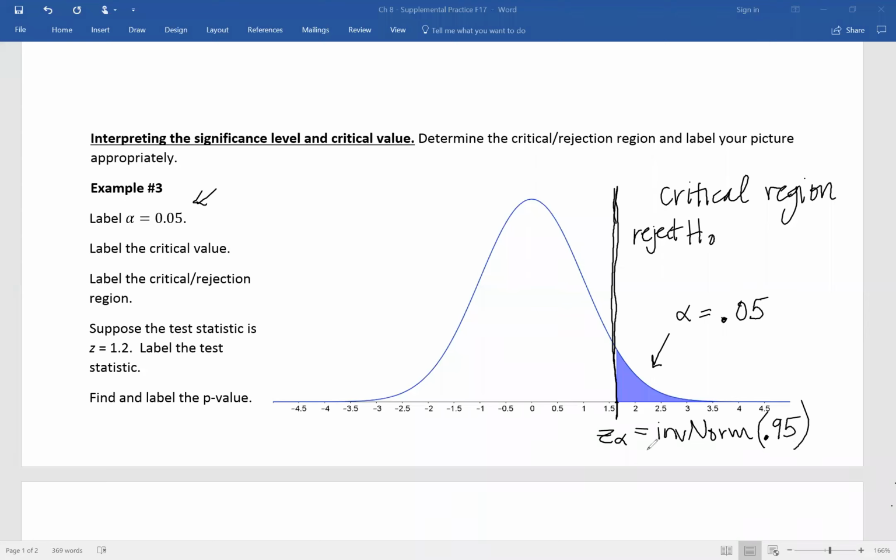If we put that in our calculator, we're going to get 1.645. So that is our critical value. So we would reject the null hypothesis if we got a test statistic larger than 1.645. That would be up here.